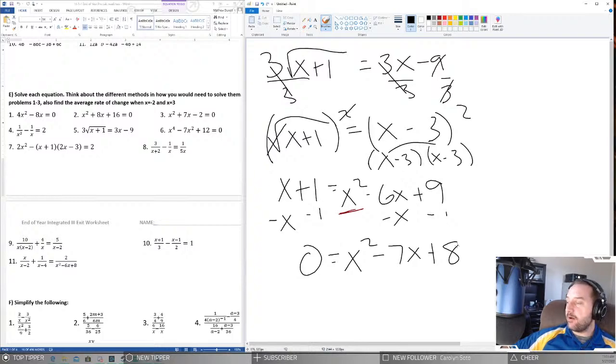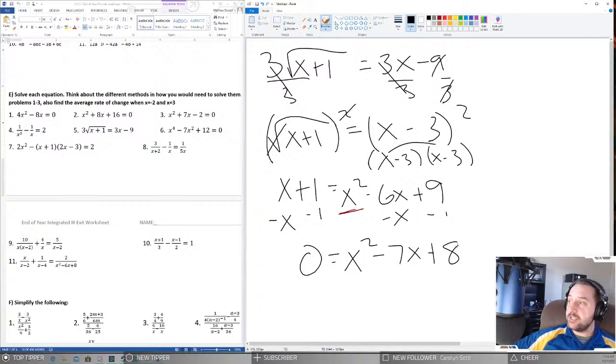So now we got to think about, how does it factor? Does it even factor? What type of solutions could that possibly be? We may have to use the quadratic formula. So looking at this, x squared minus 7x plus 8, I don't think it factors. Factors of 8, 2 and 4, 1 and 8.